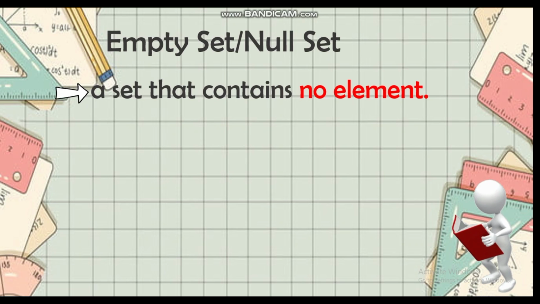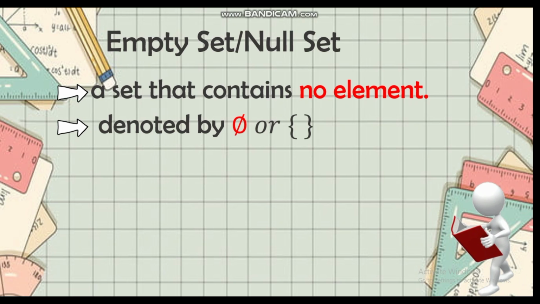This is the set that contains no element. It is empty, clear from the name itself, with nothing inside. It is denoted by a slashed zero or a pair of braces with nothing inside, literally empty. What are the cases where you get an empty set or null set?